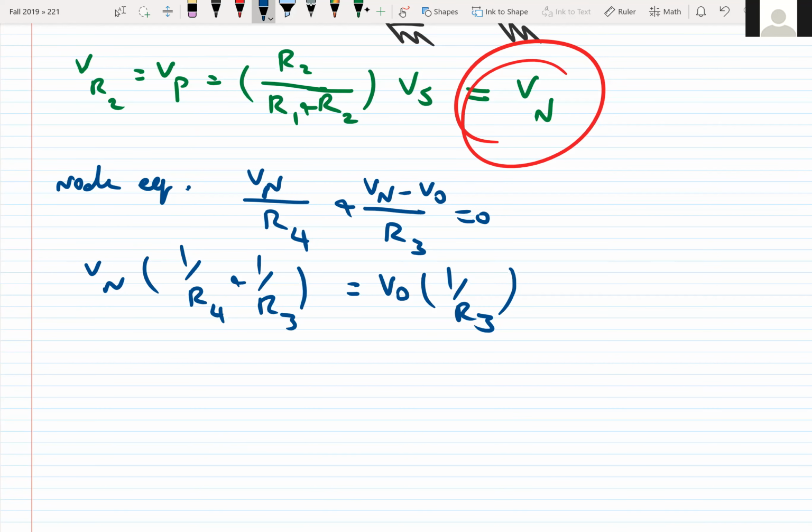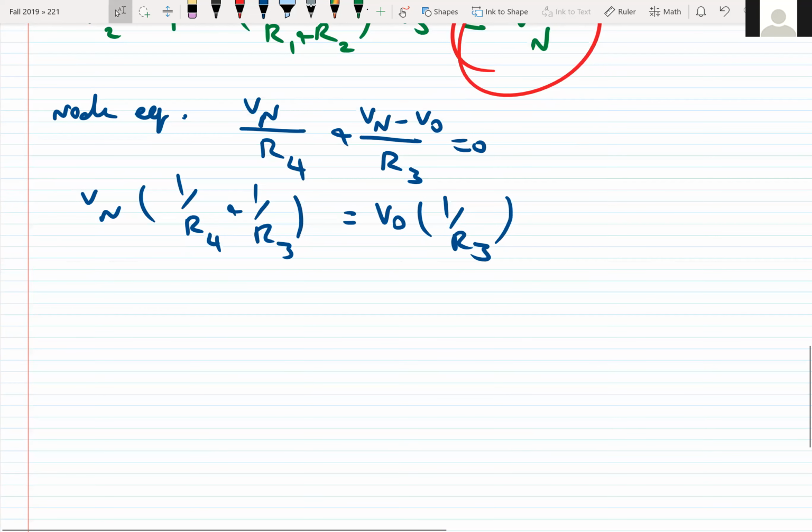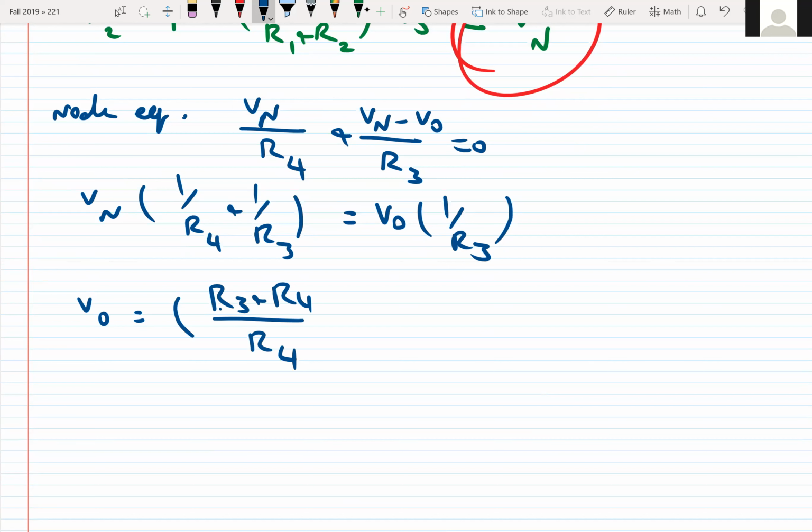Then we can say Vo is equal to R3 plus R4 over R4 times Vn.